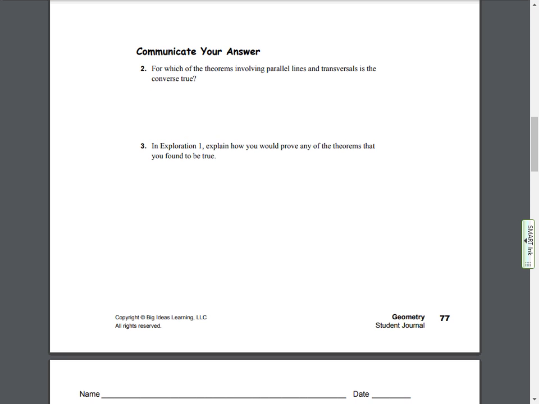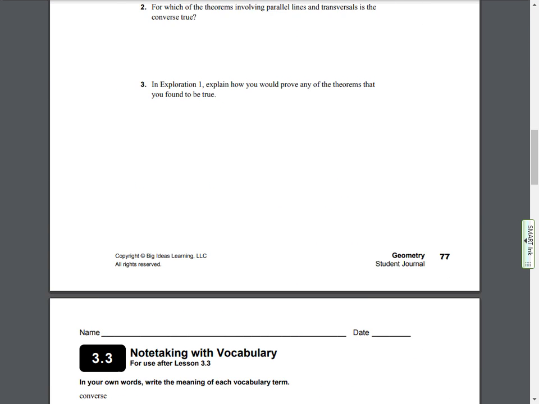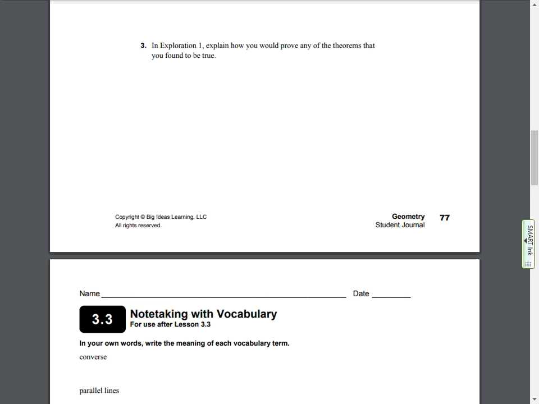Number 3, in exploration 1, how would you prove any of the theorems that you found true? Well, let's just look at the first one, corresponding angles. If you prove the converse, corresponding angles are only congruent when the two lines are parallel.